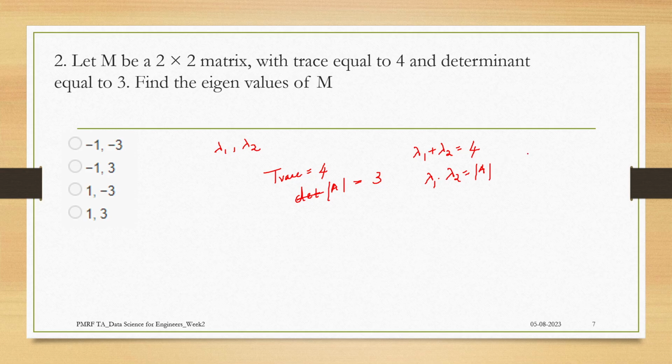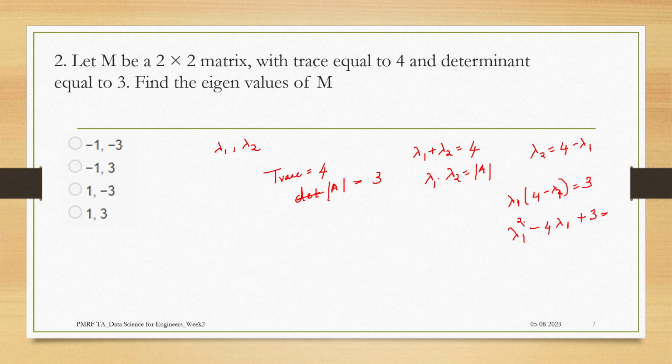This is easy. From this you can find lambda 2 equal to 4 minus lambda 1, then lambda 1 into 4 minus lambda 1 you can put equal to the determinant, which is given as 3. Solving this equation, it will come as lambda 1 square minus 4 lambda 1 plus 3 equal to 0.